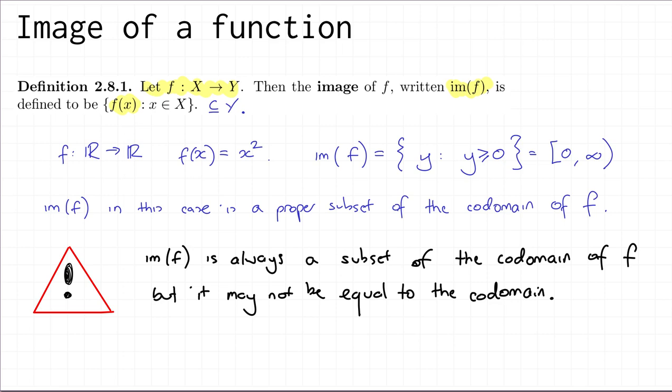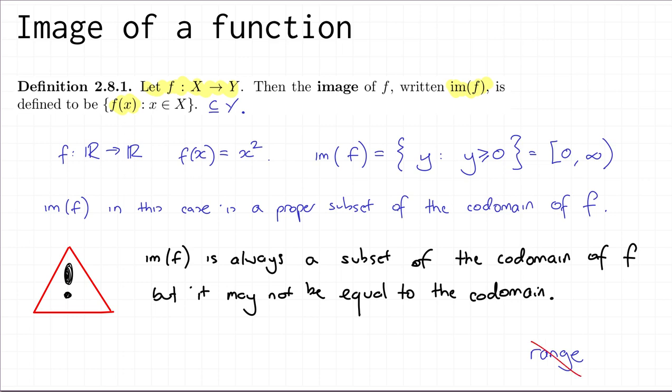So sometimes people make this even more confusing by introducing a third piece of vocabulary, which is the range of a function. Sometimes you will see people talk about the range. And what makes it even more confusing is when some people talk about the range, they mean the codomain, and some other people, when they talk about the range, they mean the image.